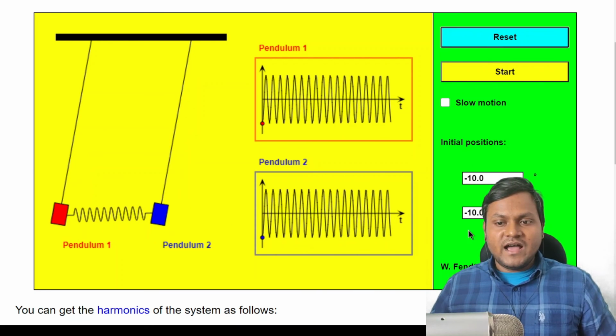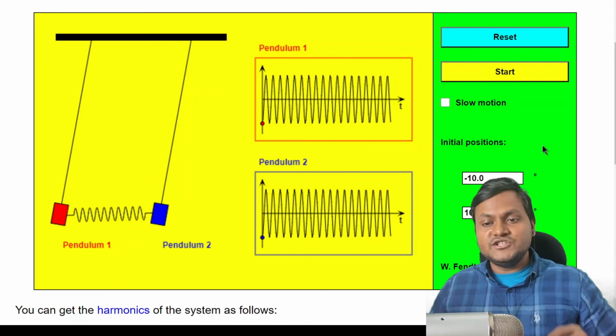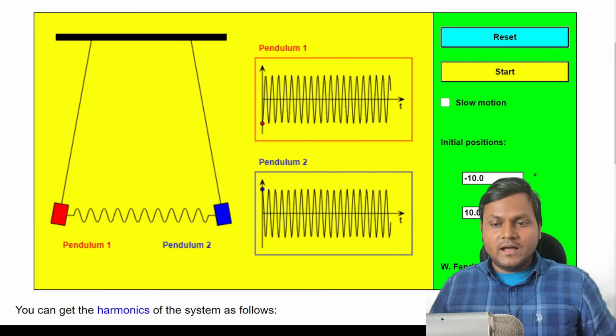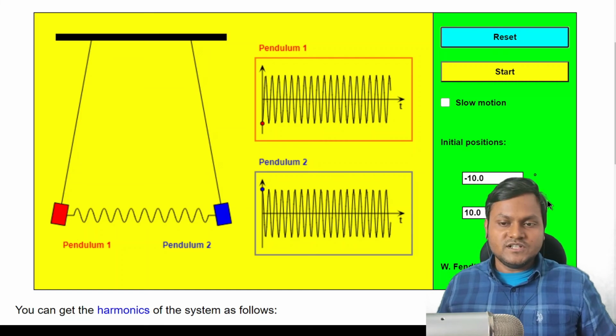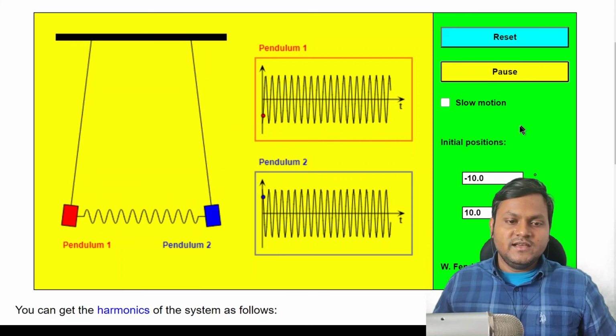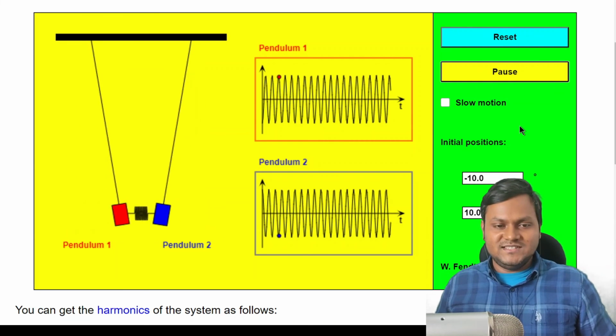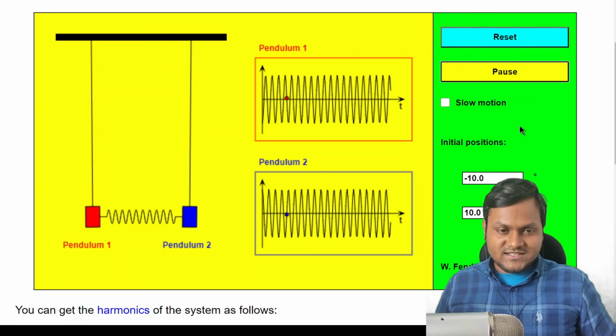However, if I make the angles opposite to one another, let's suppose I give an initial displacement of minus 10 degrees to the first pendulum and an initial displacement of 10 degrees to the second pendulum, and then I run it, you see that the entire system is executing SHM but out of phase. In fact, 180 degrees out of phase.